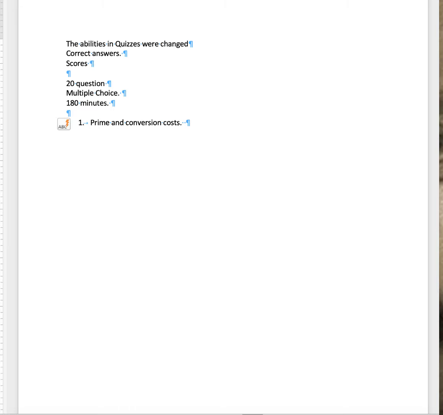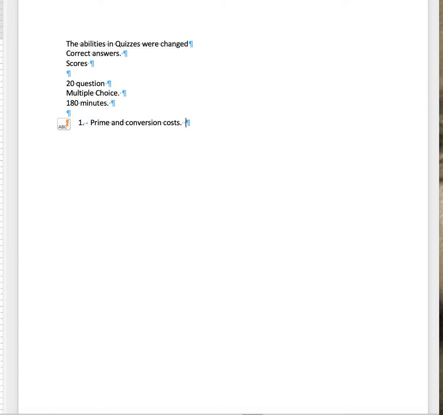Remember, prime costs are direct labor and direct material. So if a question gives you direct material, direct labor, and MOH, you should be able to pull out what you need. Same thing with conversion costs: from our lecture, conversion costs are the direct labor and the manufacturing overhead.